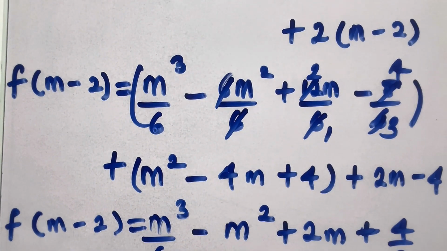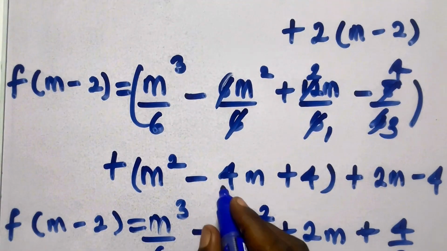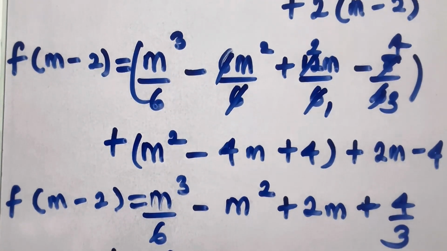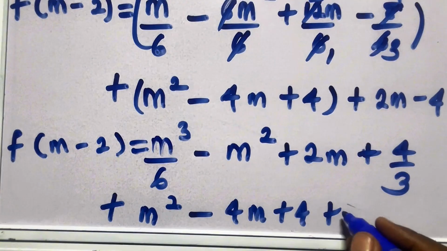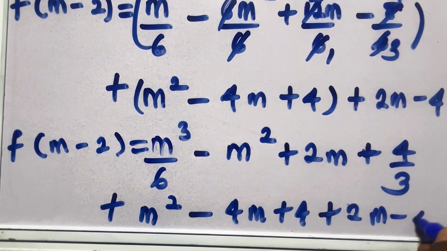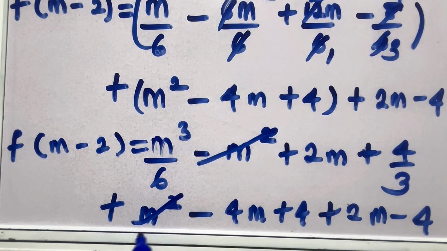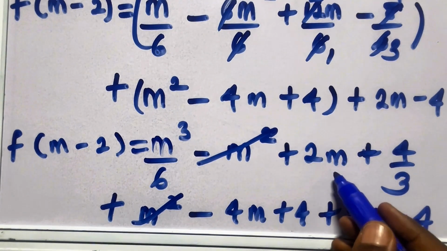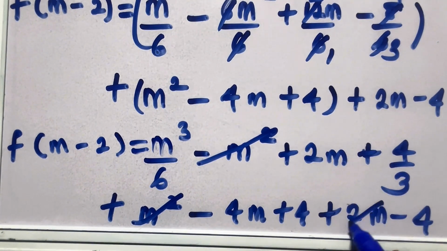Then plus m squared minus 4m plus 4 plus 2m minus 4. So let's do something here. We know this minus m squared, we cancel this m squared. All right. So we have 2m here, 2m here, plus 2m, that is 4m, right? So they will cancel minus 4m.